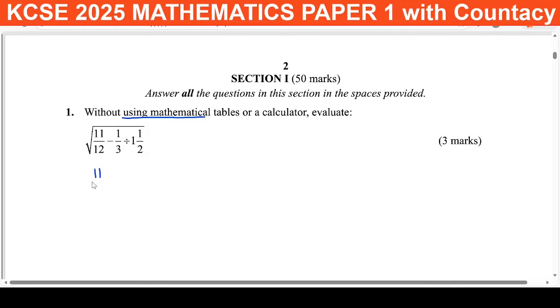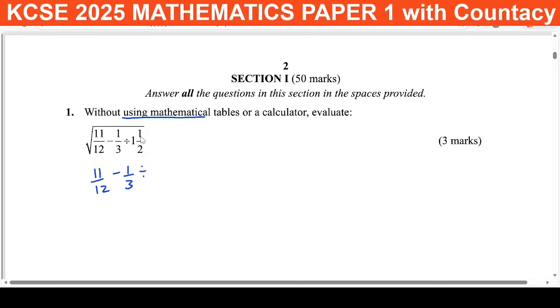So we have 11 over 12. This is a fraction, and this one is also a fraction, but we can convert this mixed fraction to a proper fraction like the other. So we have minus 1 over 3, and then the division sign.